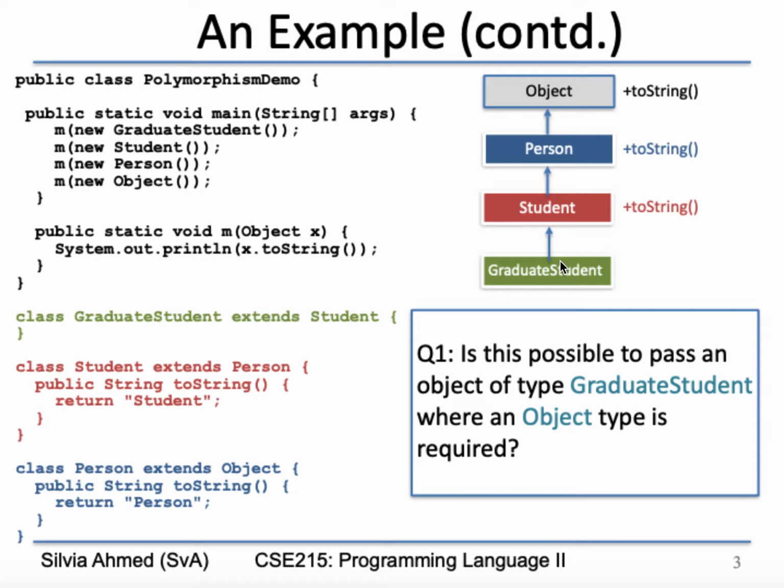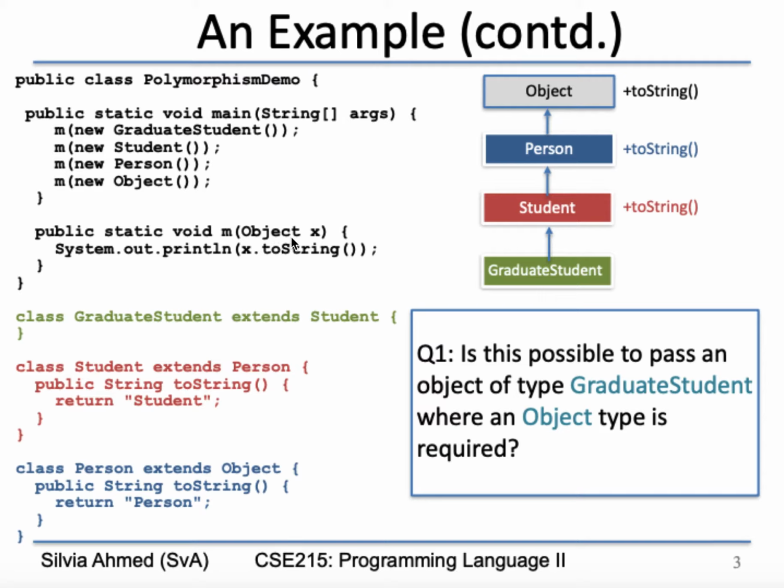Let's now examine this further. In this scenario, the first question is: is it possible to pass an object of type GraduateStudent where an object type is required? We see that in the definition of the method m, the formal parameter type is Object.